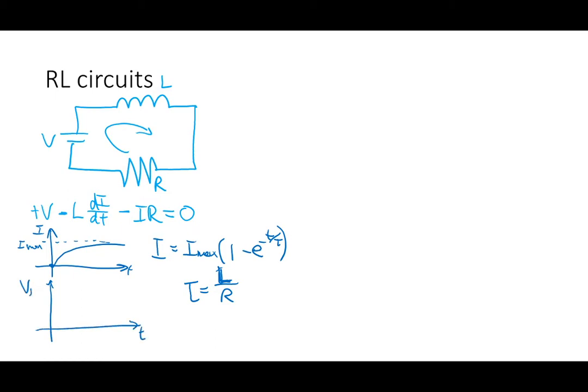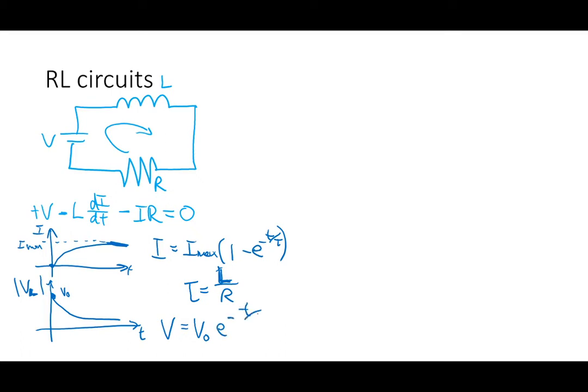Now the voltage across the inductor, we're going to put an absolute value sign on it because we're just talking about the magnitude. It's going to start high and drop low. Right? It's going to be fully resisting the battery, and then as time goes on, it's going to be weaker and weaker until the current settles into a nice horizontal line, meaning it has no slope, therefore no opposing induced voltage.